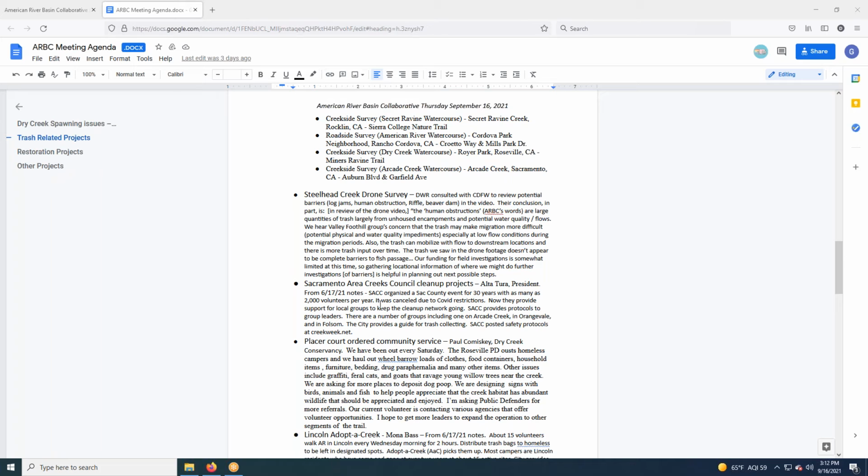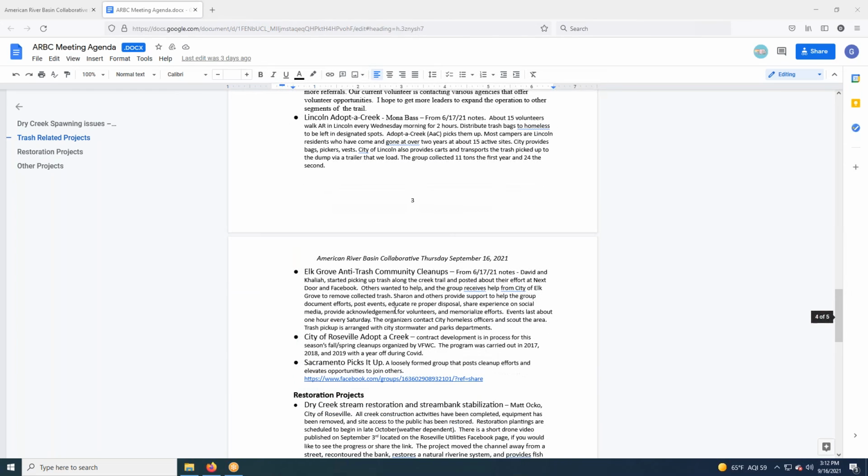It's similar to the Elk Grove anti-trash community cleanup, but I think they've taken it one level higher. It's a really good model for how to help people just do something and not have to register in advance and sign a waiver. That just turns people off.